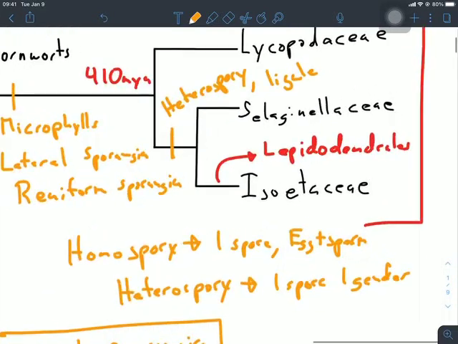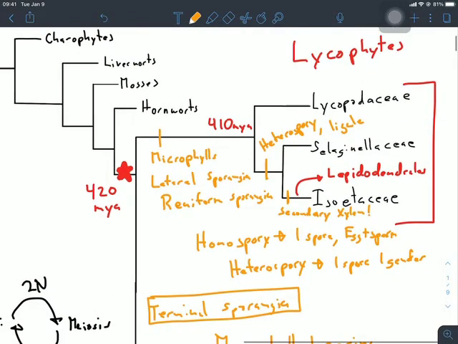And the last change that occurs on the lineage of the Isoetaceae that's also inherited by the Lepidodendrales is secondary xylem, secondary growth. These plants evolved the ability to be woody on their own. That's pretty cool, right?